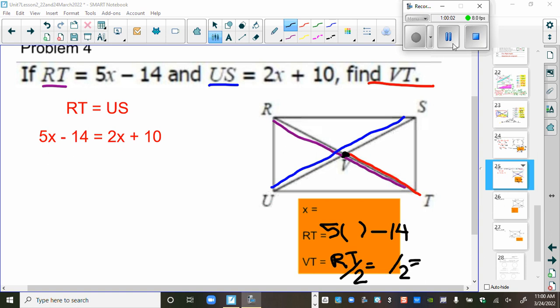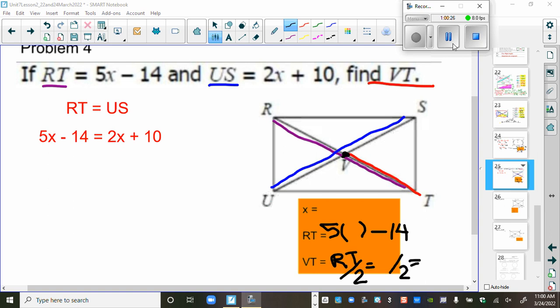So then what do you do to the RT value to get VT? Yep, you're just about there. Good. Okay, I know you got it. Barry, how do we do here? That's perfect. All right, great work. Yep. So then what do you have to do with the 2 and 6 to get that last value?